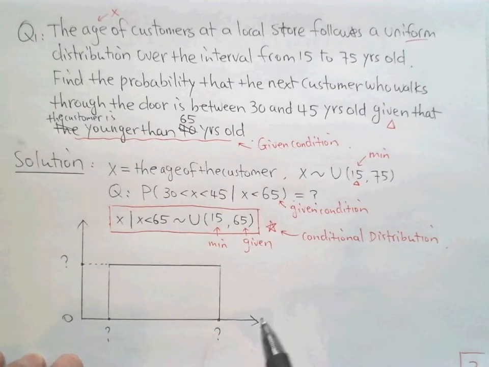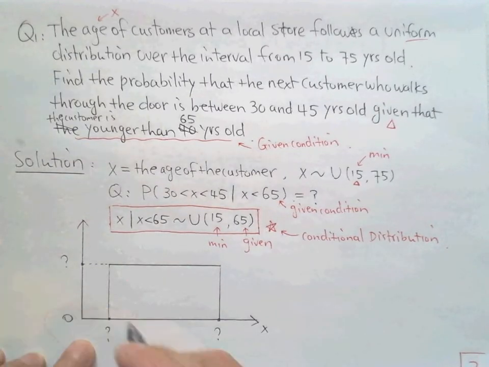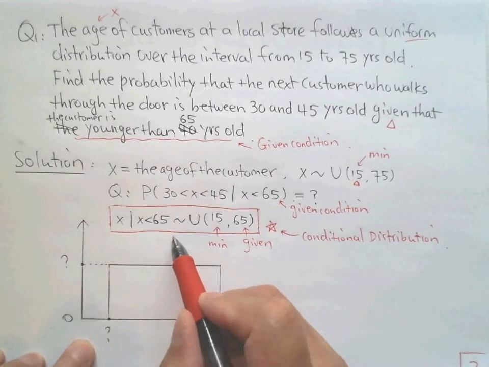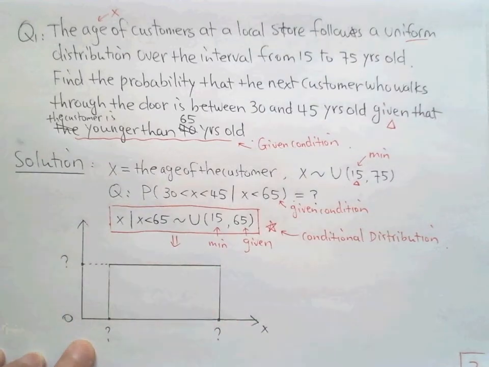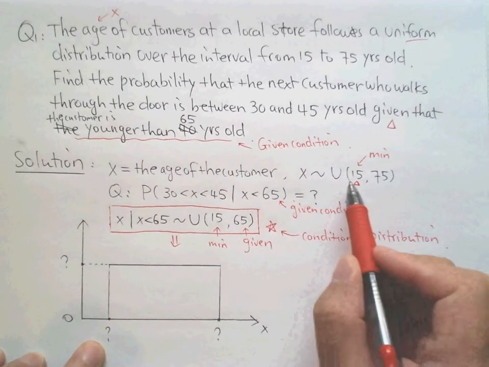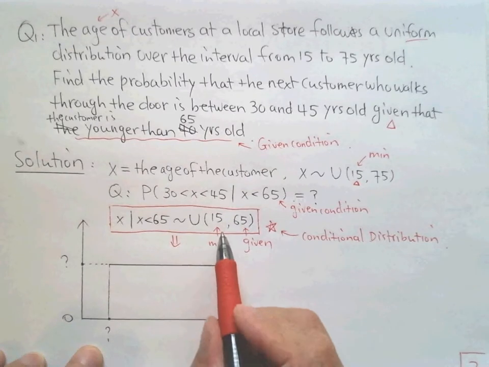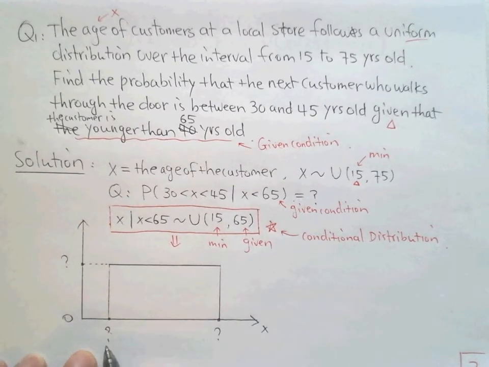So I draw the graph here. I'm going to draw the distribution from there. And this graph is based on what? Based on the conditional distribution. Don't look at the original. Look at your new one, your conditional distribution, which means this is 15, right?